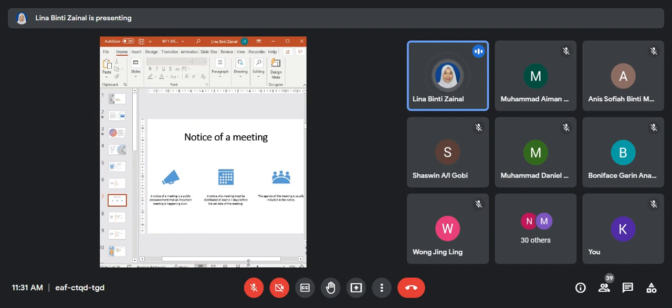But now we have email and everything, right? So those who are involved in the meeting will receive an email to notify them that they have to attend the meeting. So the participant cannot say, oh, I did not get the notice. Cannot. Because normally if you are involved in the meeting, you will receive an email or some sort of notification.